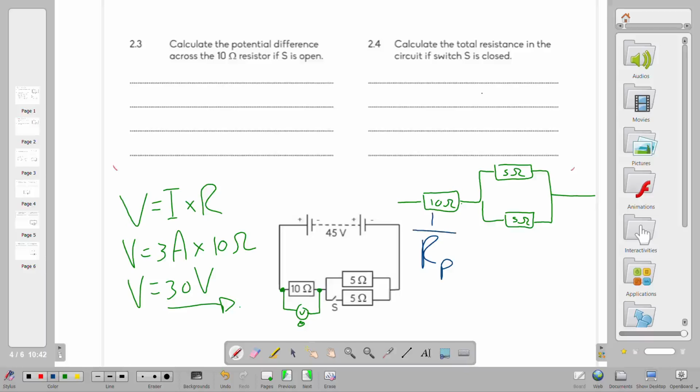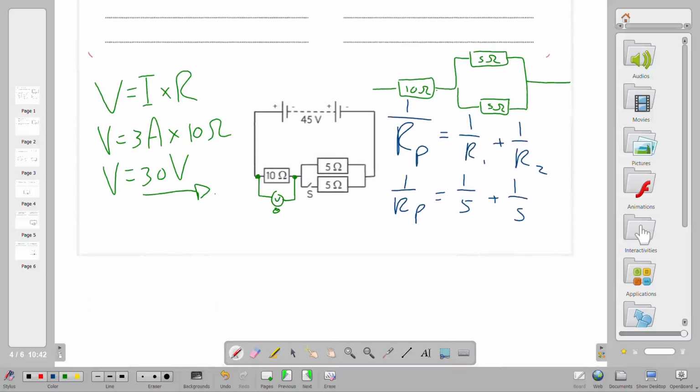So 1 over Rp is equal to 1 over R1 plus 1 over R2. Okay, so 1 over Rp is equal to 1 over 5 plus 1 over 5, right? And then if we just continue on that line, we can see 1 over Rp is equal to 2 over 5. If we flip that, you can use your calculator, but if you flip that, you'll see that Rp is actually 5 over 2.